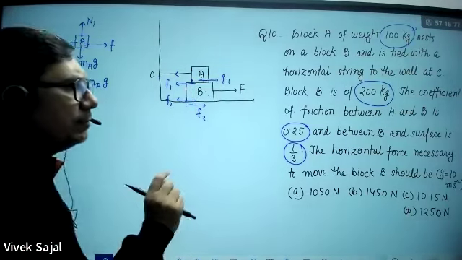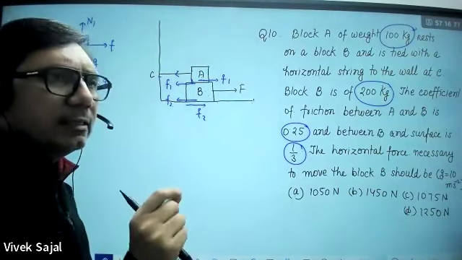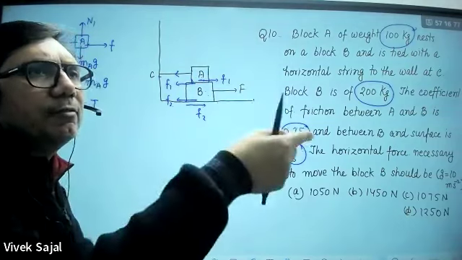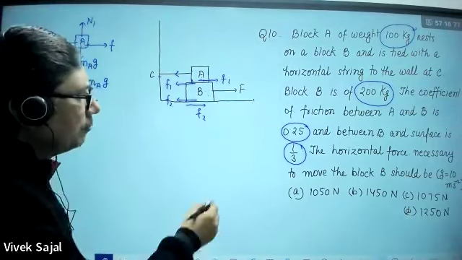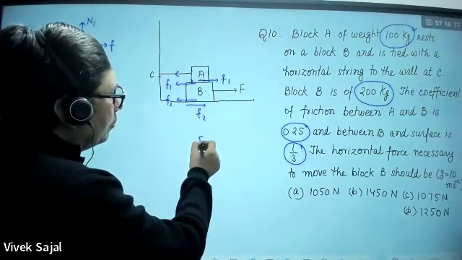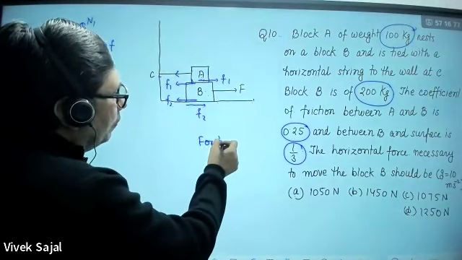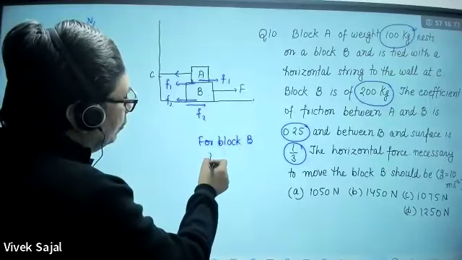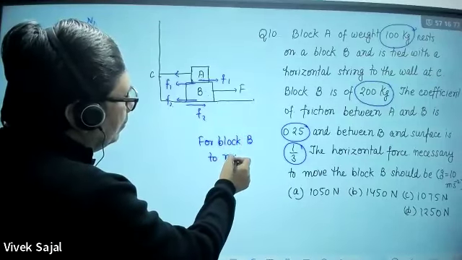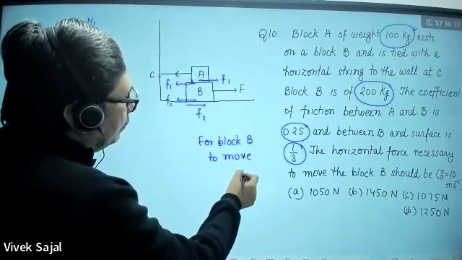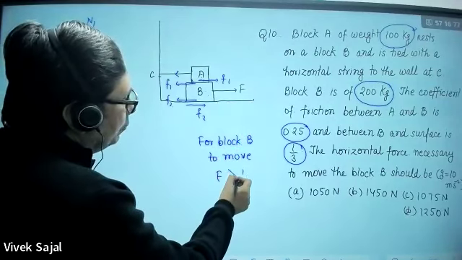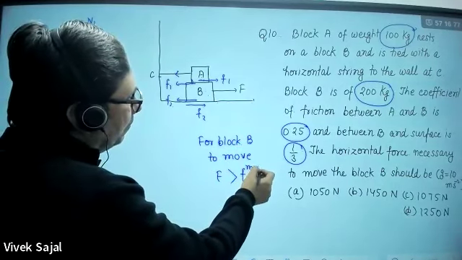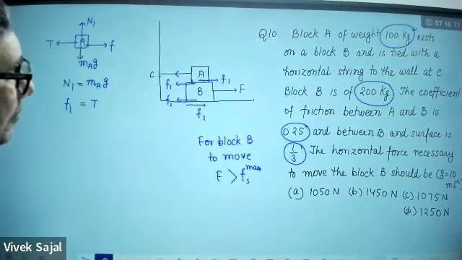So if you want to find out the minimum force so that the block will move, ठीक है ना, for the minimum force, what is the rule? For block B to move, what is the rule? Can anyone tell me? This force F should be greater than Fs maximum. ठीक है?